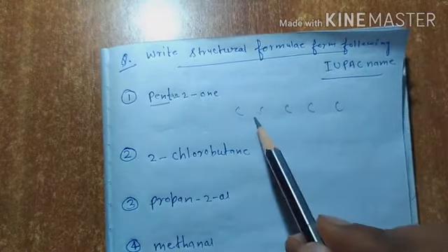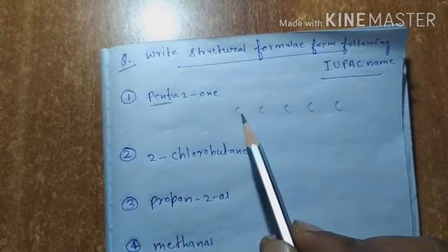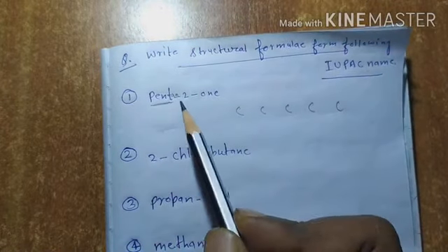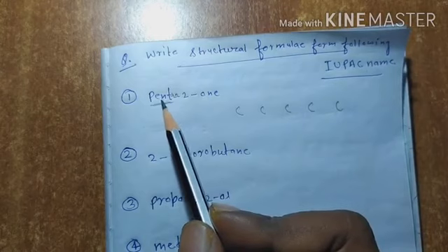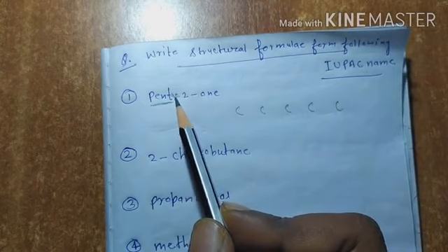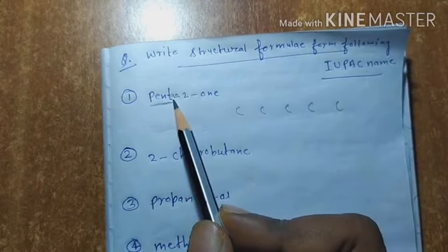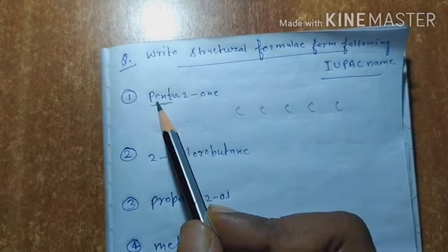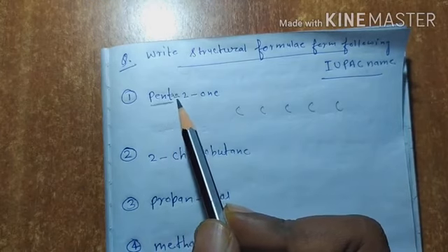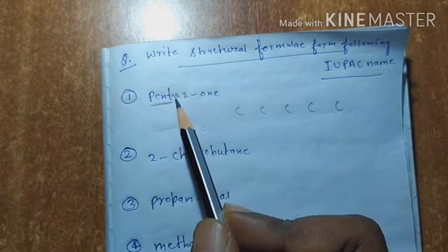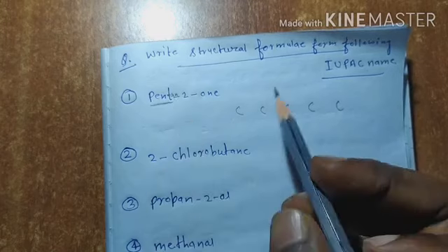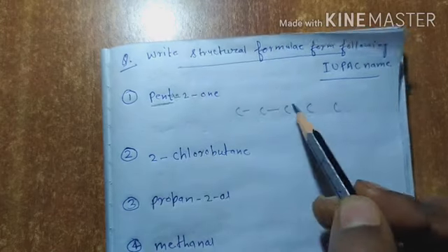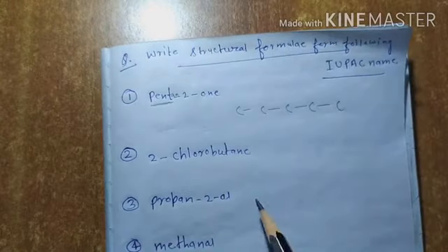So see, pentane, that is 5 carbon, we will use. We know that pentane has the suffix ane, so it means there will be a single bond in between carbon atoms, right?